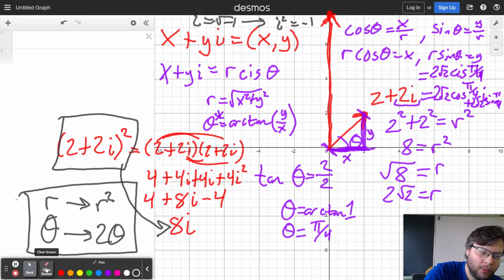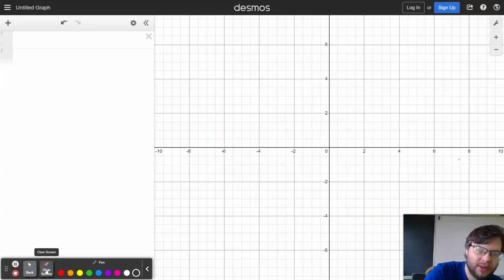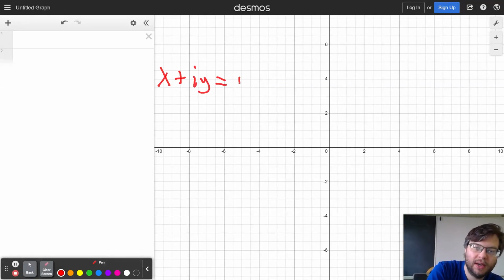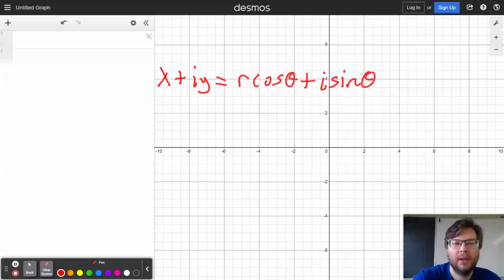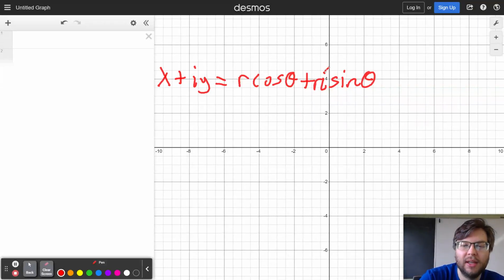So what I want to look at is our general situation. We just said that x plus iy can be written as r cosine theta plus i sine theta.